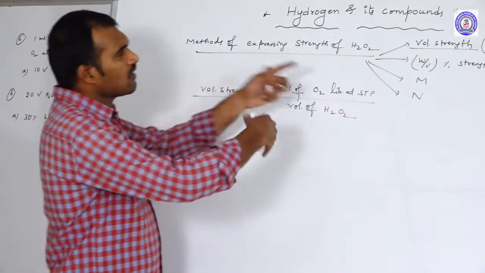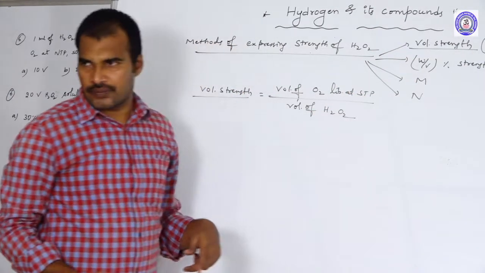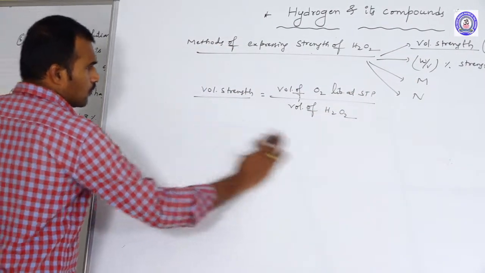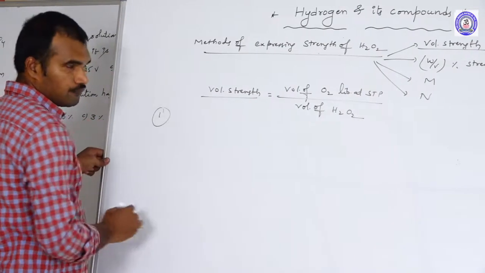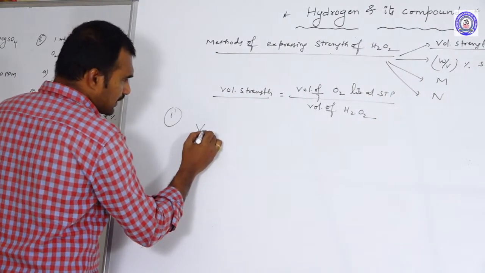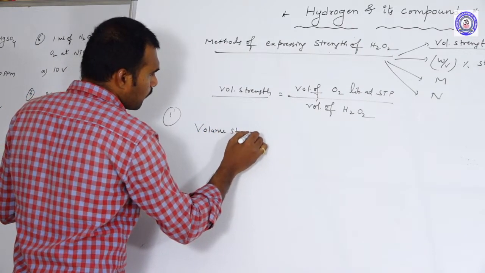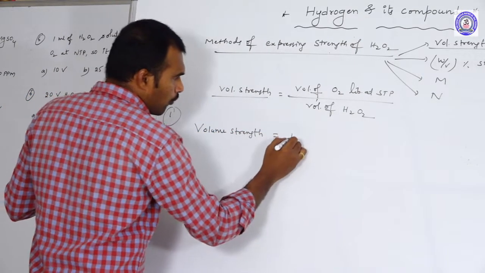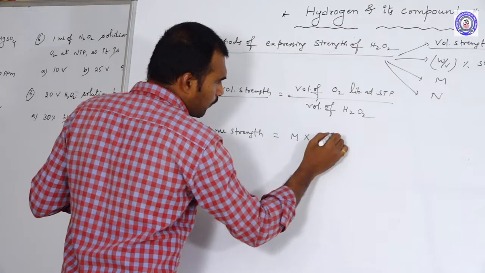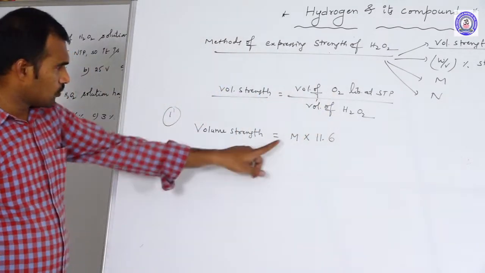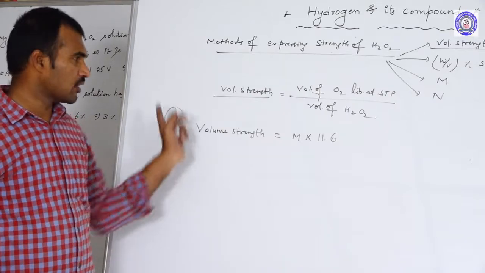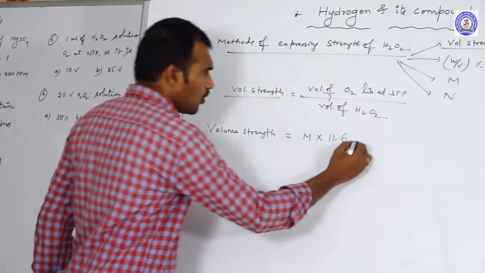Now what is the relation between these four expressions? Let us see. Just remember, first, volume strength is equal to molarity into 11.2. That means to convert molarity into volume strength or volume strength into molarity, we can use this formula.